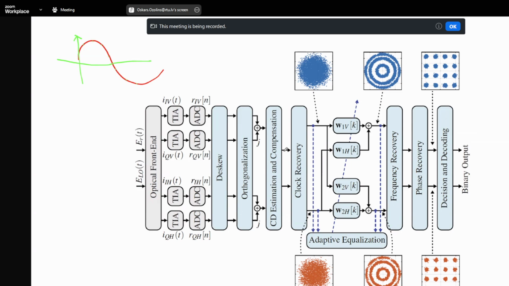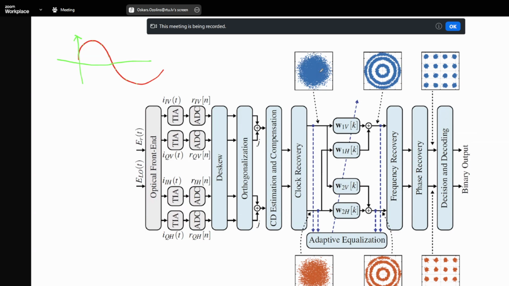But the next step is what we call adaptive equalization. There are different ways this equalizer structure could be called. It's also called the butterfly structure. So you are using both polarizations of the signal, and you sum them together. There are adaptive steps. What happens with this equalizer is that before it, our constellation looks like a point cloud.